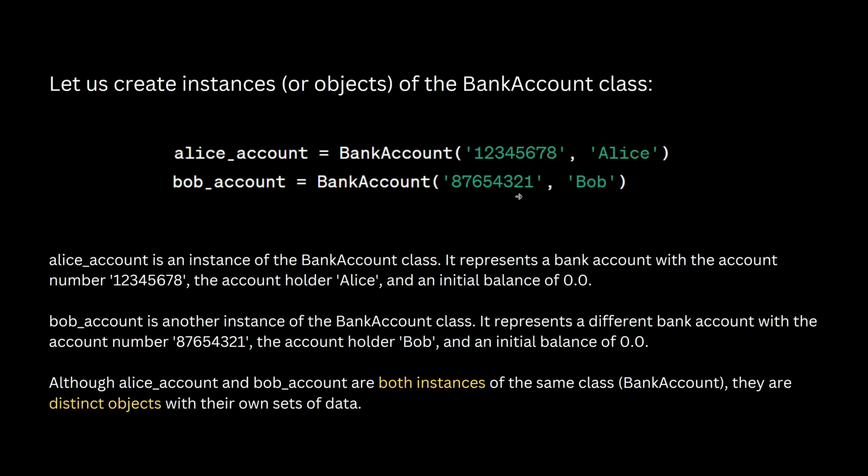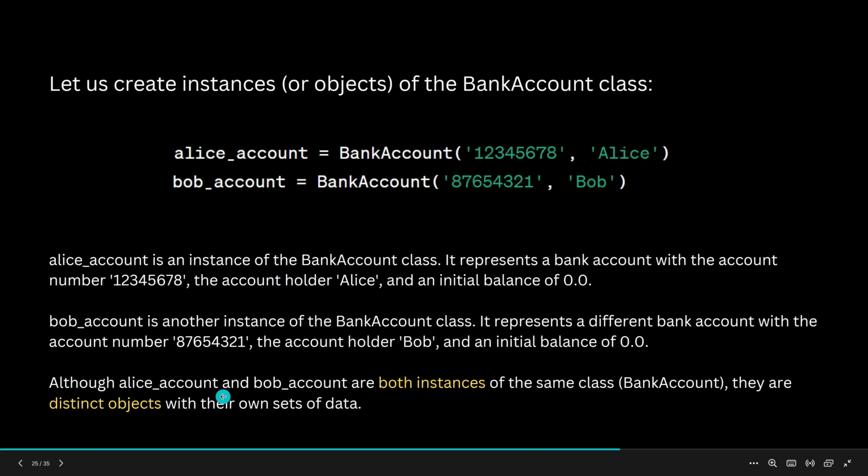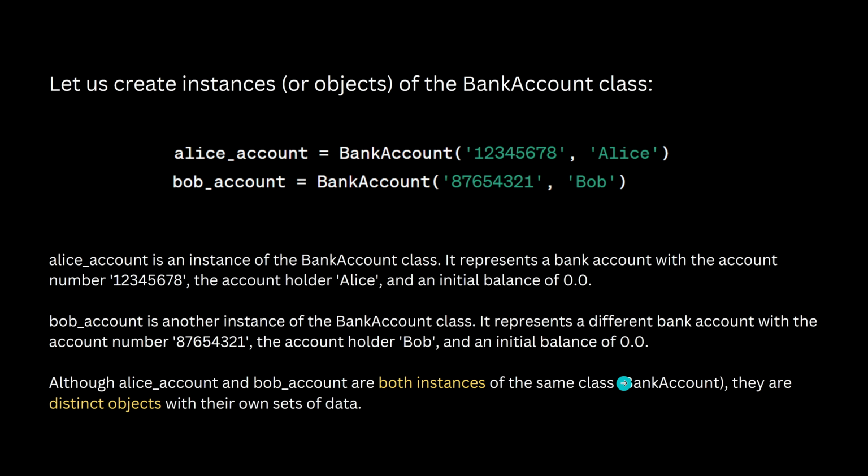And then maybe they pay a different amount of money into the bank account. So although Alice's account and Bob's account are both instances of the same class, the bank account, they're distinct objects with their own sets of parameters: the name, the customer number, and their balance.